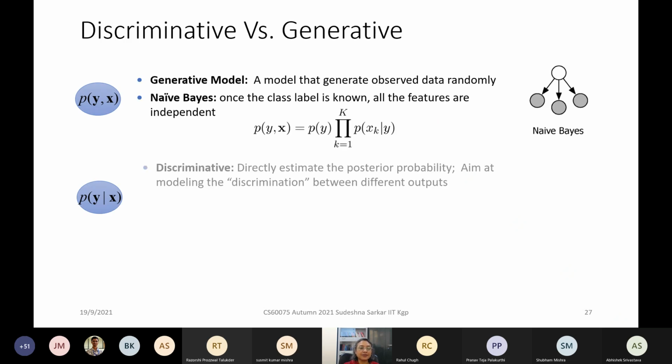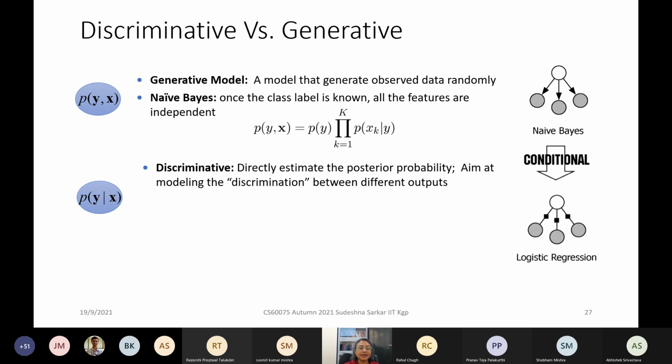Now, before we proceed, we have talked a little bit about it, but let us look at two types of supervised machine learning models: generative models and discriminative models. In a generative model, we try to model the process by which the data is generated. And through that, we find out how to categorize or label a particular data.